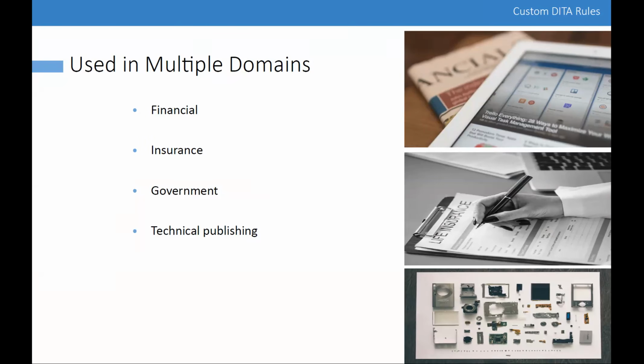Or in government, where you have very precise documents and a standard to follow. Or in technical publishing, where you want the published content of your documents to be in a certain format, and the data to be as you want it.